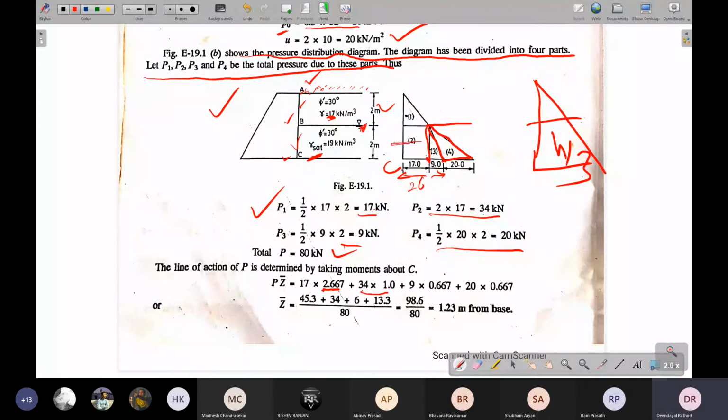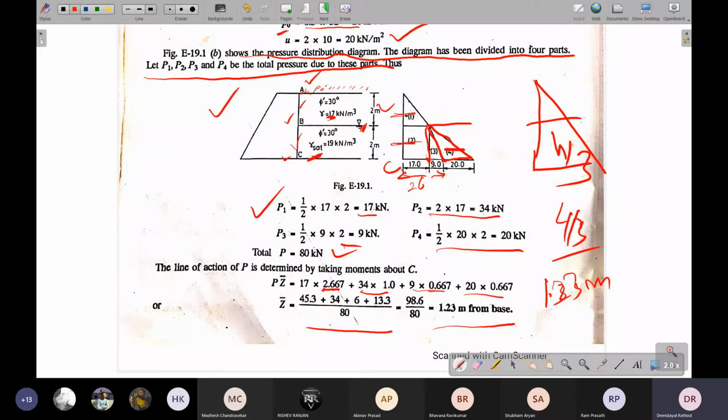Half of this one, then here and here. It will act from the base at 1.23 meter. What is h by 3 actually? 4 by 3, right?